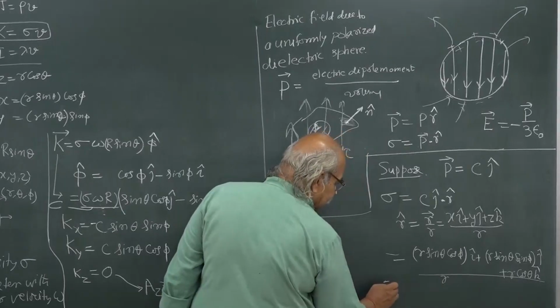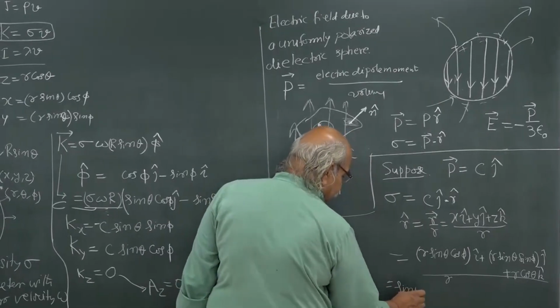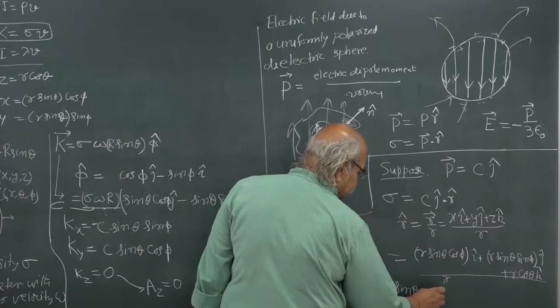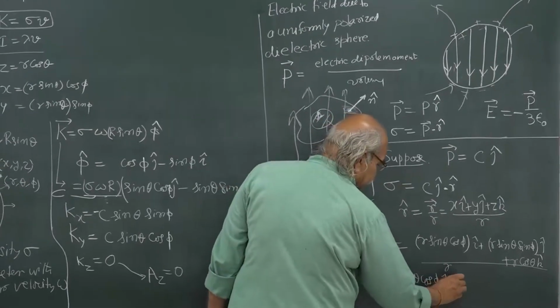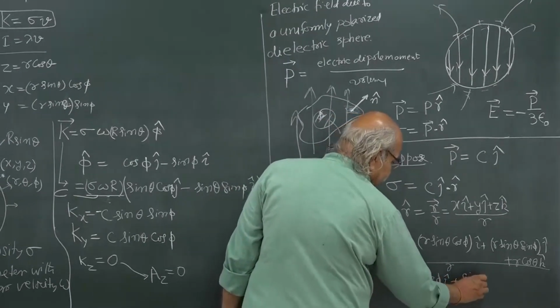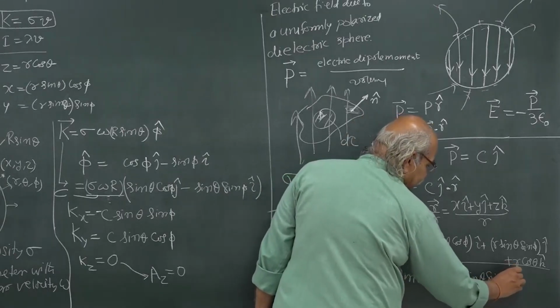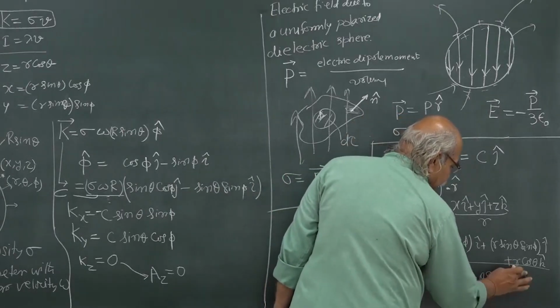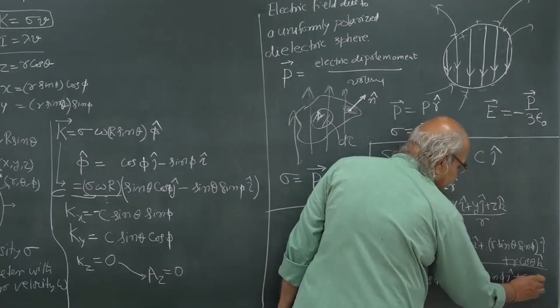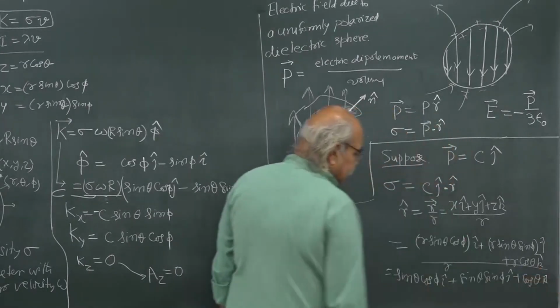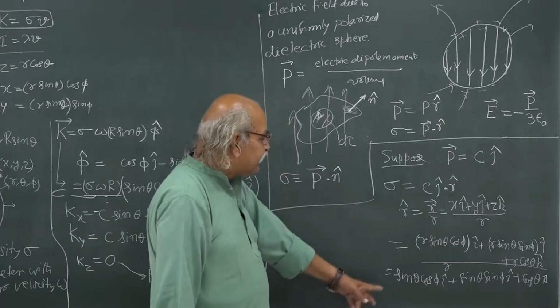So, it is sin theta cos phi i cap plus sin theta sin phi j cap plus cos theta k cap. That is my r cap vector.